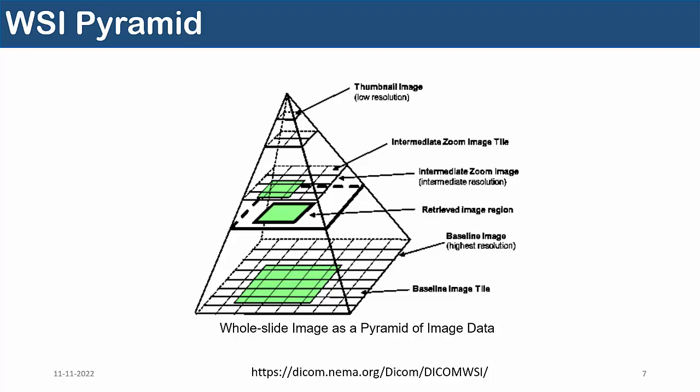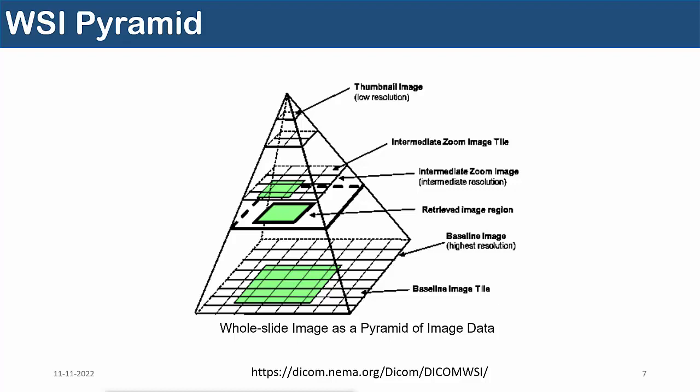So if it is represented by 8,000 pixels, the lower one will be represented by 4,000 pixels, and the lower one by 2,000 pixels. By some power of 2, the size keeps on reducing, and at the very last level, you may have a thumbnail representation of that particular region.